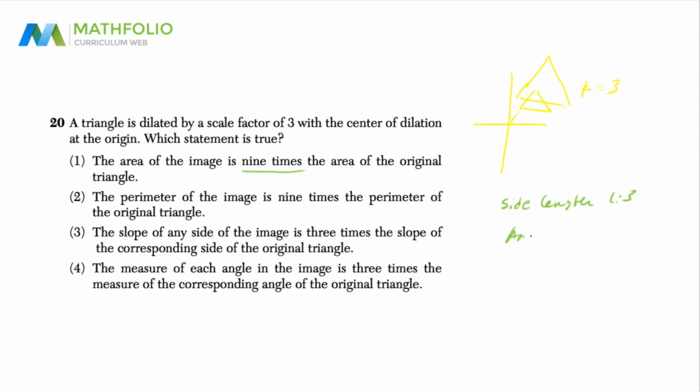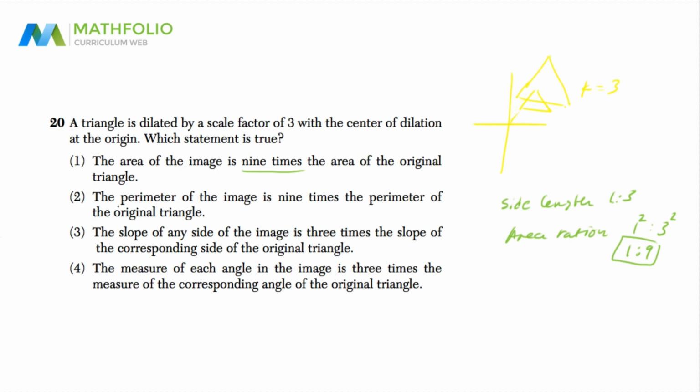But when you look at the area ratio, it's not 1 to 3. In fact, instead of being 1 to 3, it's 1 squared to 3 squared, which gives us 1 to 9. So therefore, if it says the area of the image, the new shape, is 9 times the area of the original triangle, that is correct. It is true. So let's just try and rule out some of the others.